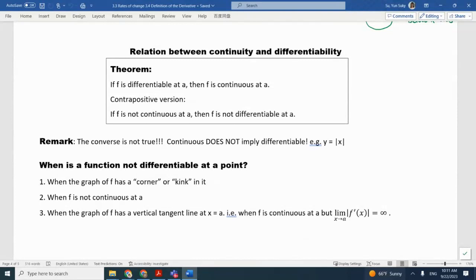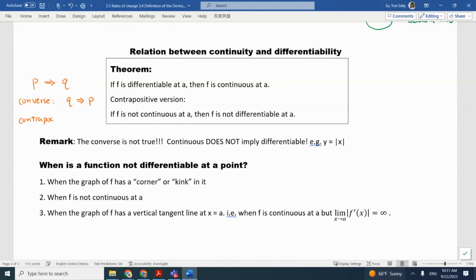Have you learned logic before, about statements, contrapositive statements, converse statements? If you didn't learn it, it's okay. Let me tell you. We have the conditional proposition, P implies Q. So we have statements P and Q. The converse statement will be Q implies P. Is that okay, everybody?